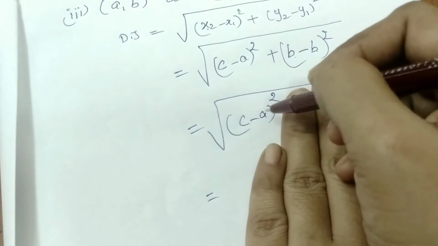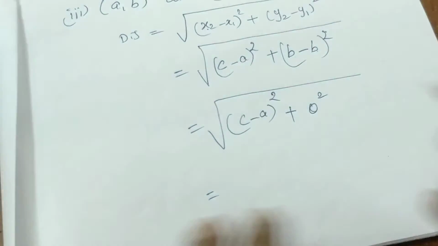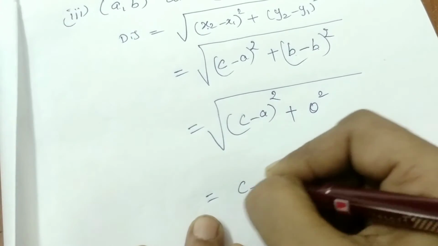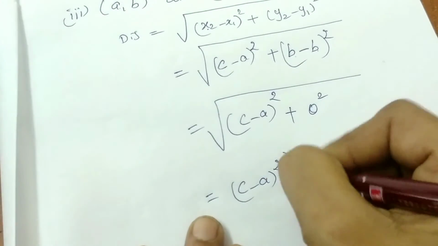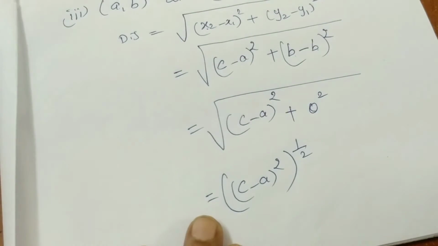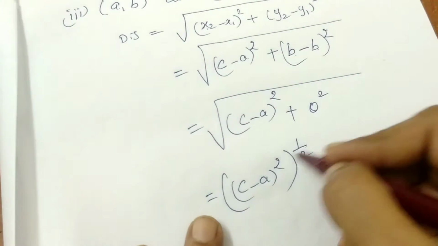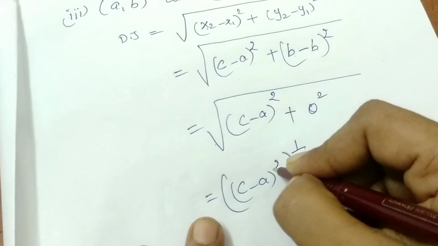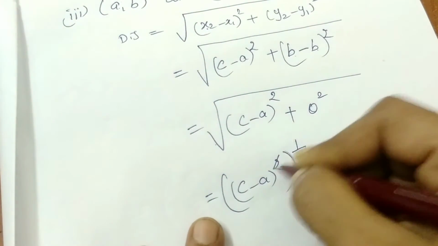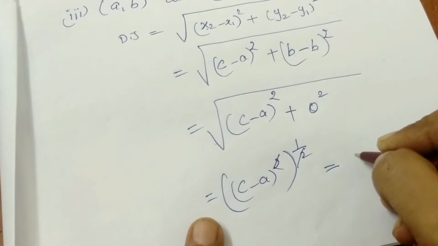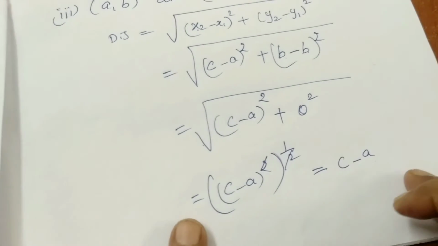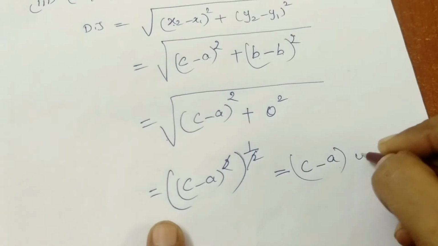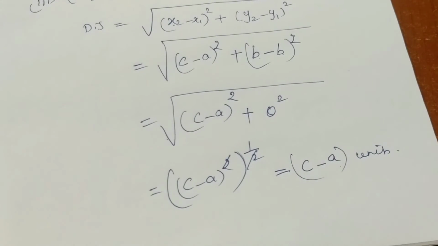Now we have to find out the value for this one. So what is the meaning of square root? Square root is nothing but power half. Am I correct or not? So square root is nothing but power half, and then this 2 and this half get cancelled. So our final answer is nothing but C minus A units. That's all.